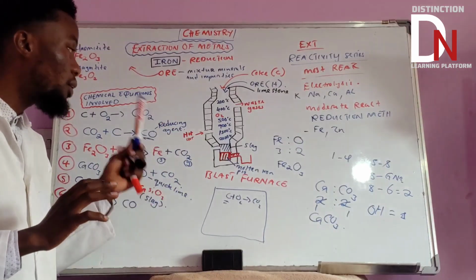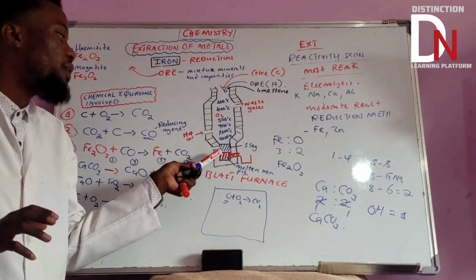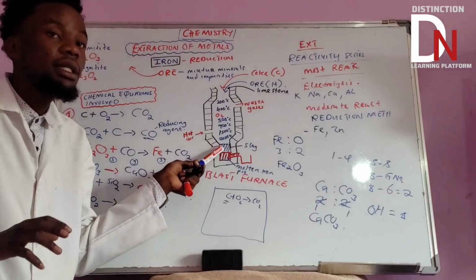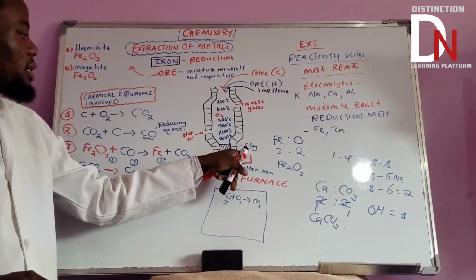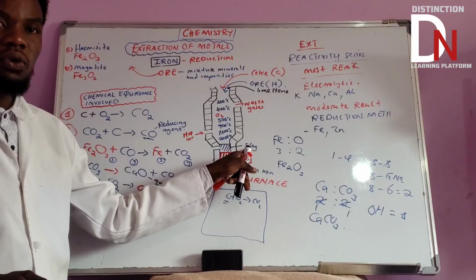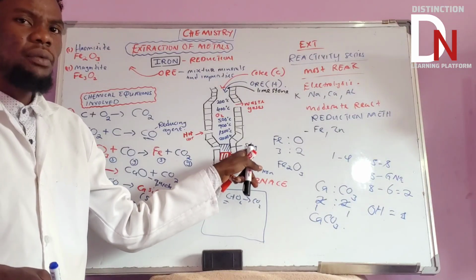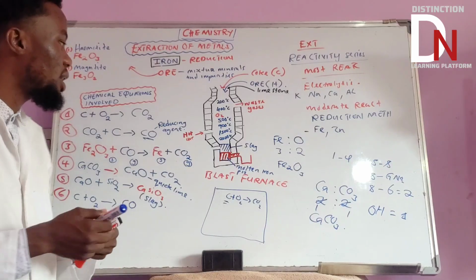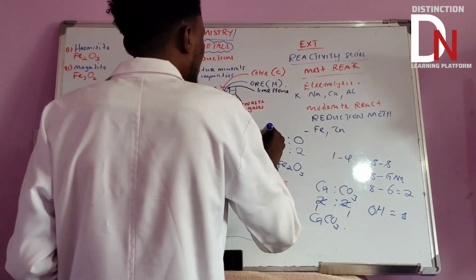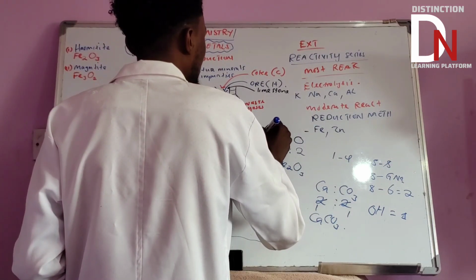Molten iron or pig iron is found at the bottom, beneath the slag. Now the important thing you can ask is, what is the function of slag? Why are we forming slag and what's the importance of it? Basically, slag is very important in road construction.